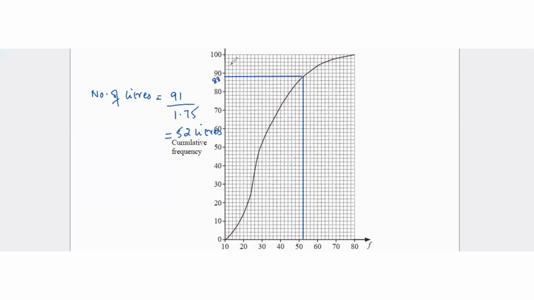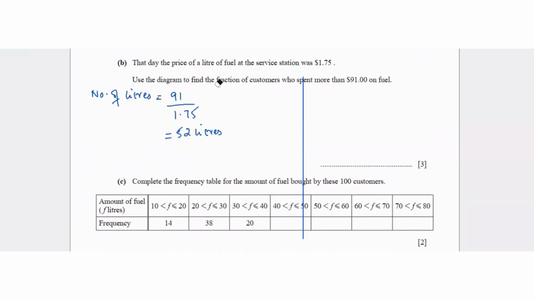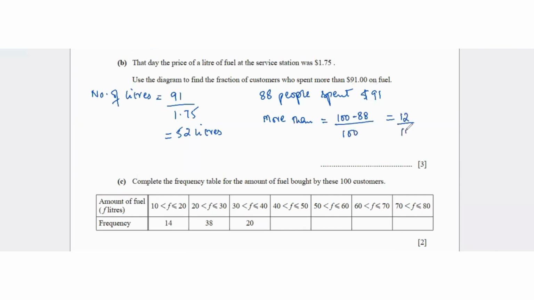They want the fraction who paid more than $91, so that is 100 minus 88 over 100, which is 12 over 100.